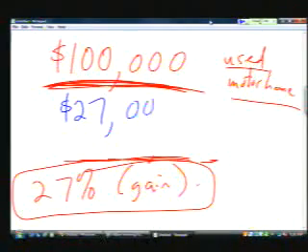In other words, 27% of 100 dump trucks is 27 dump trucks. 27% of 100 bananas is 27 bananas. 27% of 100 monkeys is 27 monkeys. 27% of $100,000 is $27,000. 27% of $100 million is how much, Rachel? $27 million. 27% of 100 trillion is how much, Courtney? 27 trillion. Okay, that's what 27 means. 27% means 27 out of 100.